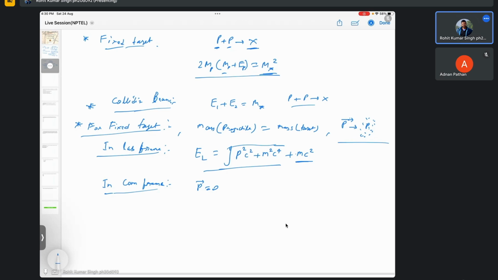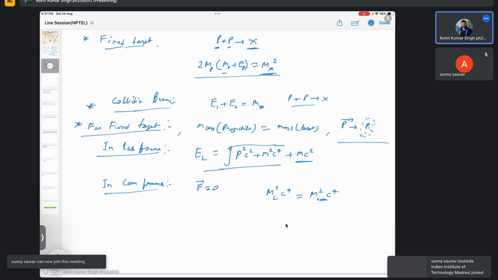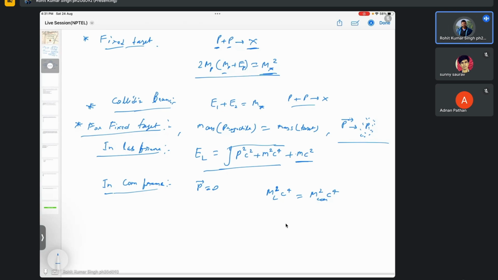Whatever the mass in the lab frame, that should be the same in the center of mass frame, because, as I told you, the total momentum is 0 in the center of mass frame, so this should hold, right? Yes, sir.